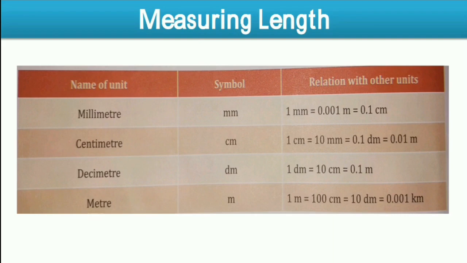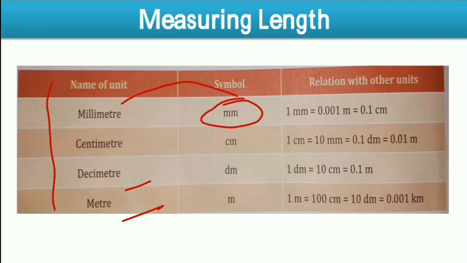Here we have seen that many units are there: millimeter, centimeter, decimeter, meter. The symbol of millimeter is mm, milli for millimeter. For centimeter, cm, c stands for centi and m stands for meter. Deci, then d, and meter, then m: decimeter and meter.